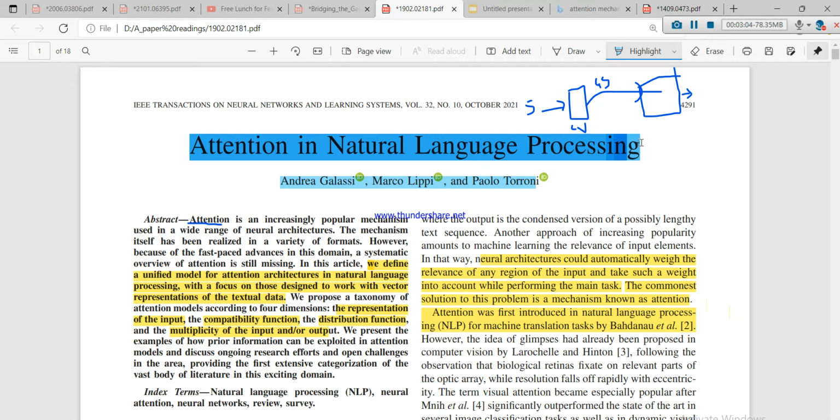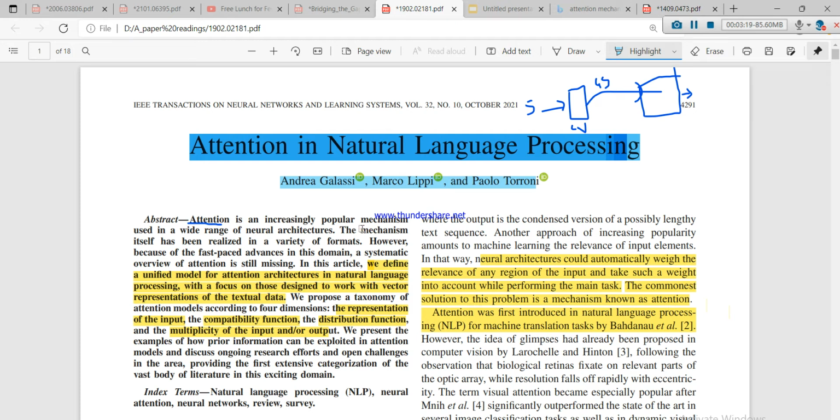The paper works on sentences, which is also a natural language phenomenon that they proposed in the previous paper, but this paper is more specific to attention in natural language processing.